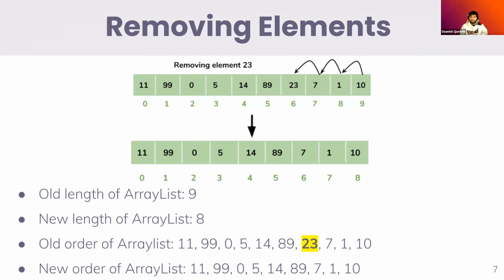So as we saw before, if you put something in, everyone slides up. But if you take something away, everything slides down. So in this case, we take away 23, which was the 6th index, and then everything slides down. So what happens to the index of everything after 23? What is the new index?